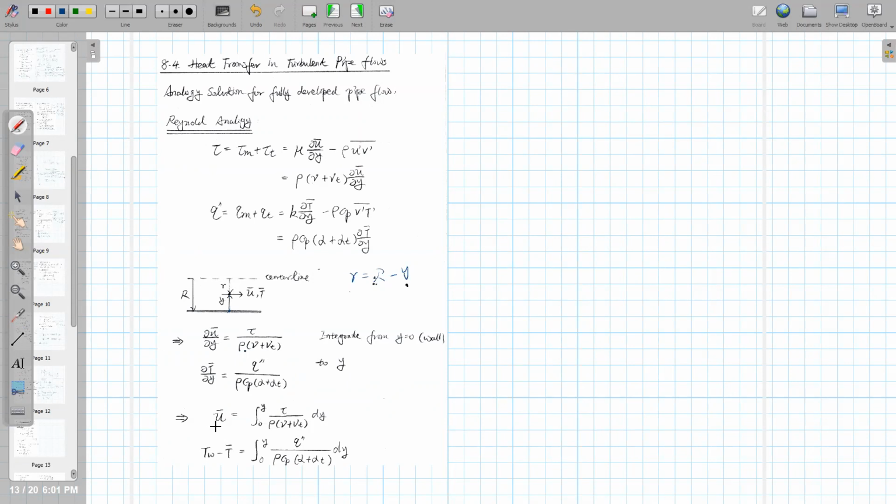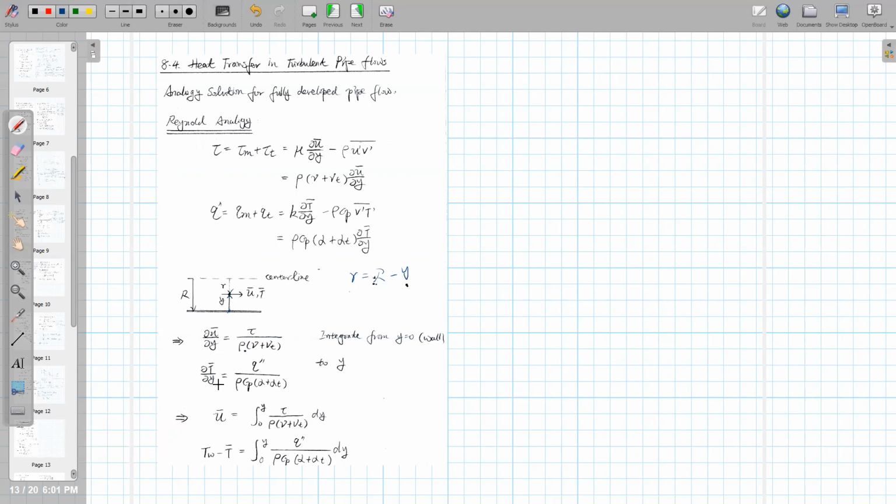At this y value, you will have U mean and T mean. And at the wall, the velocity becomes 0. So when you do this integration from 0 to y, you only have U mean left. At this point, U mean equals the integral from 0 to y of tau divided by rho times (mu plus mu_T).